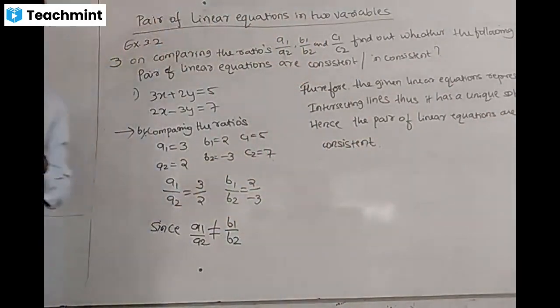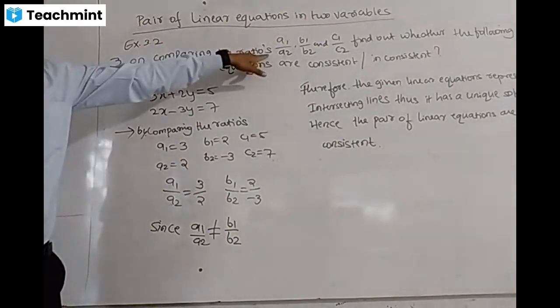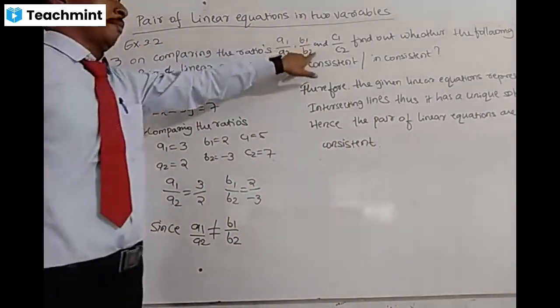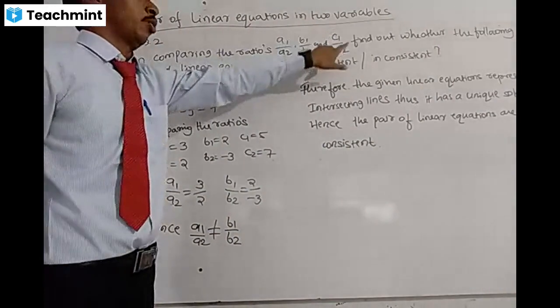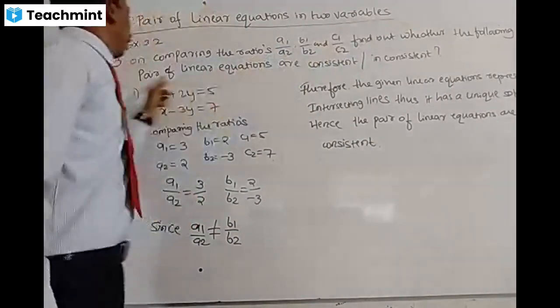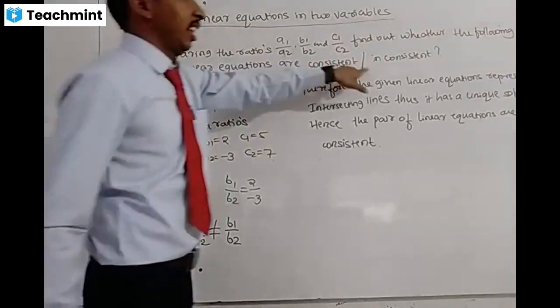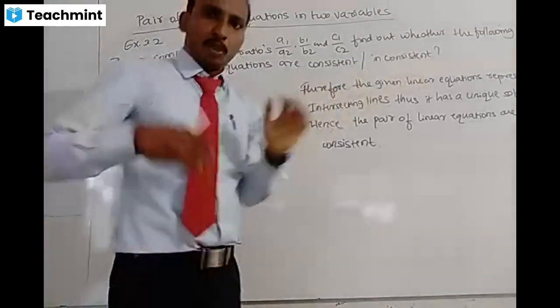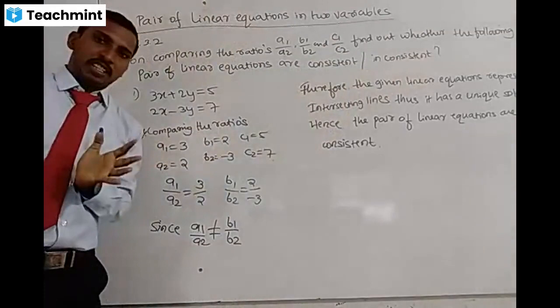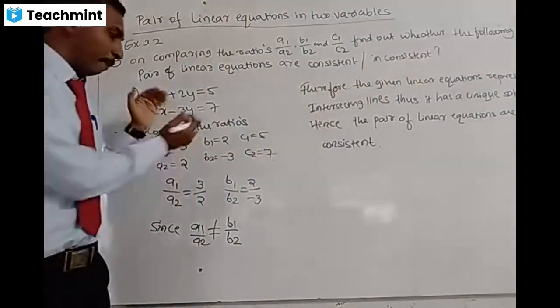Understood? Students, what is the question? On comparing the ratios A1 by A2, B1 by B2 and C1 by C2, find whether the following pair of linear equations are consistent or inconsistent. To tell whether they are consistent or inconsistent, we need to compare the ratios.